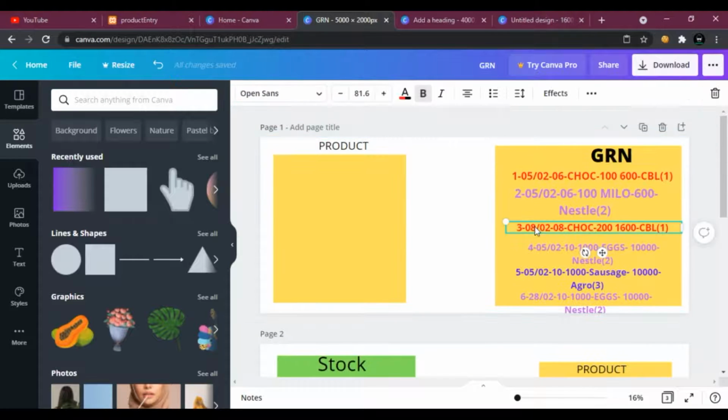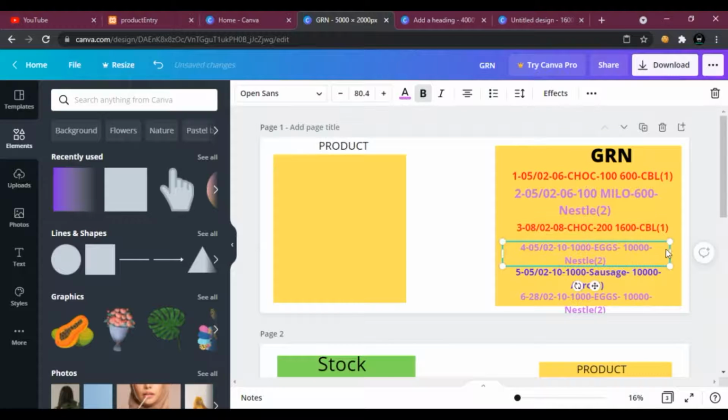Also you can see here, on the 8th of February, the CBL supplier provided the same type of product that was provided on the 5th of February. You have to note these same types of products.